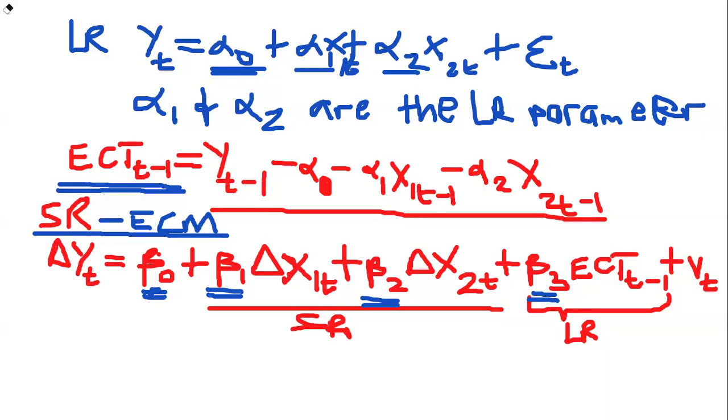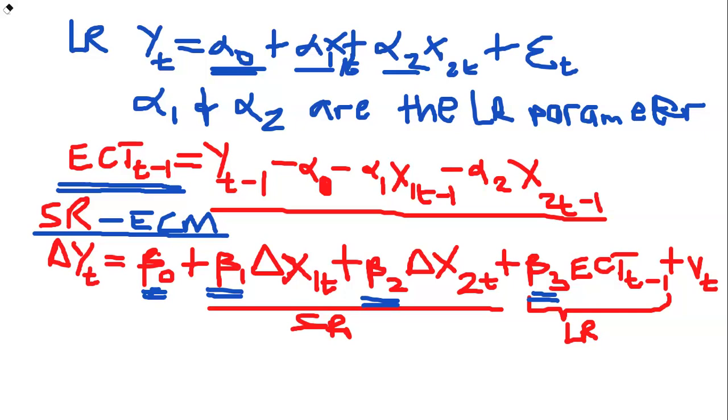Once you are done with that, the next step is to estimate the long-run equation, and then test the errors you generate from the long-run equation for co-integration. If you find that the variables in the long-run equation are co-integrated, the next thing you do is to specify and estimate the error correction model.